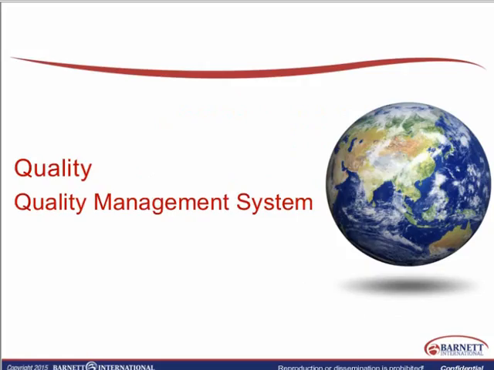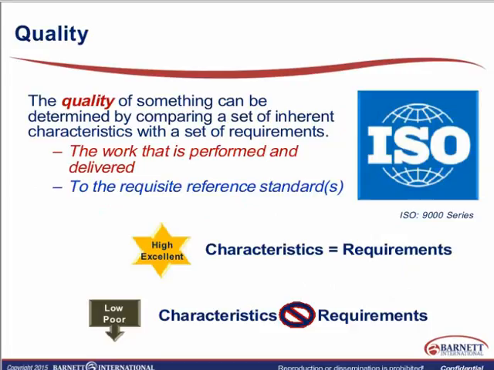So we're going to talk a little bit more about quality management systems. When we talk about the quality of something, it can be determined by comparing a set of inherent characteristics with a set of requirements, the work that is performed and delivered compared to the requisite reference standards. I want to note here that for compliance audits, when the work has not yet been performed, quality is assessed based on the characteristics that exist and the potential to perform, because that's something certainly that we have to take into consideration as well.